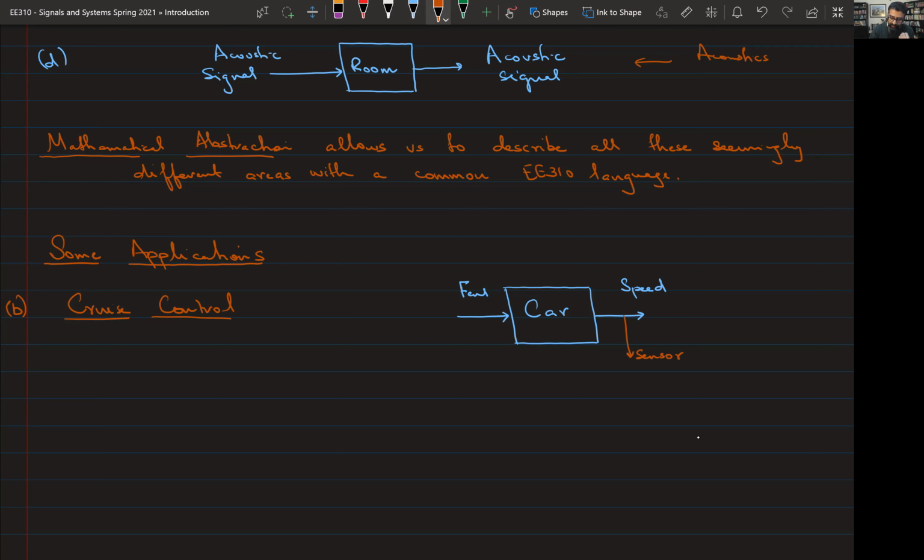You would take it and feed it back and design some system here, which is called a control, which controls how much fuel should be injected into the car as a function of time, where the input is a desired speed.